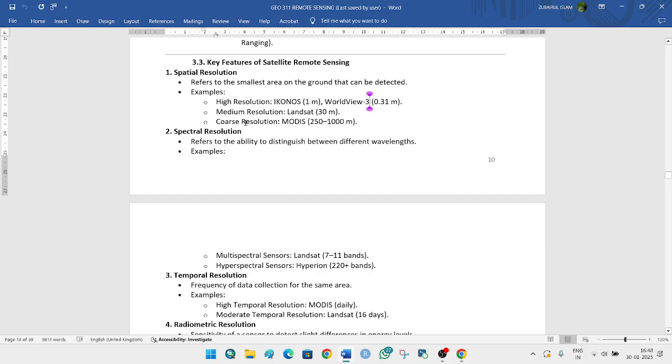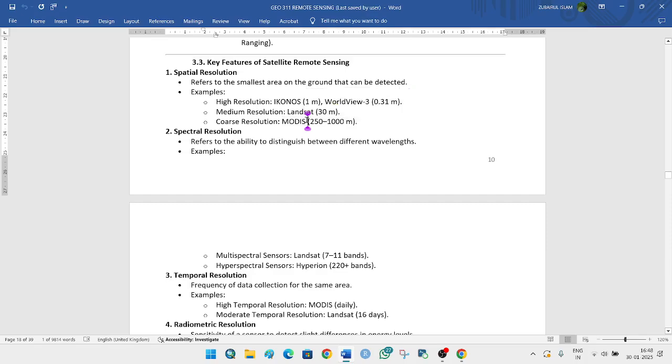When we come to the coarse resolution, especially 250 to 1000 meter here. If you want to study a larger area, if you are interested to study the clouds or some kind of weather, or if you want to look at the synoptic view at country level, then you can use this coarse resolution data, that is by MODIS.